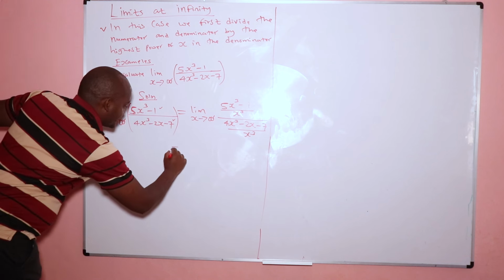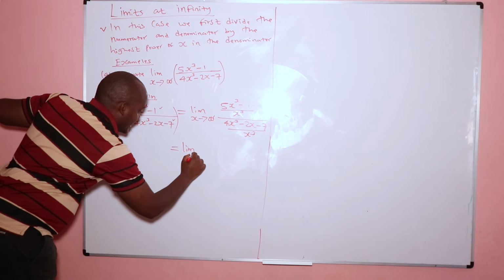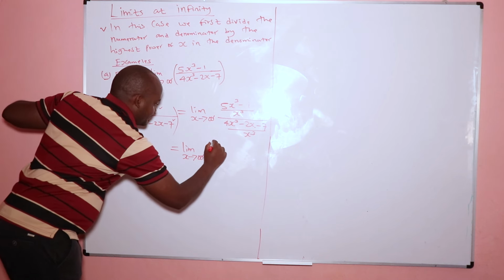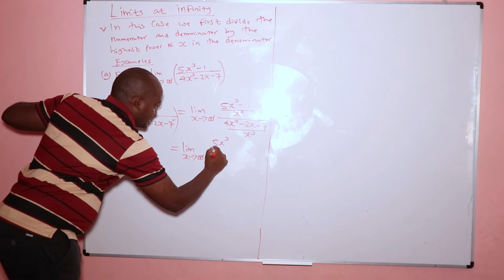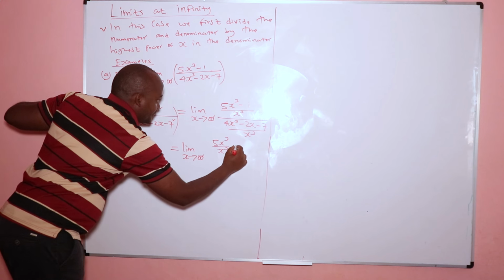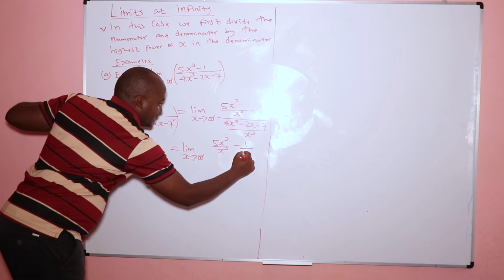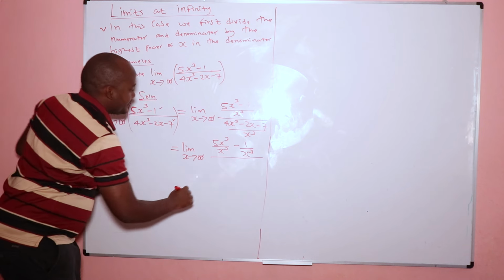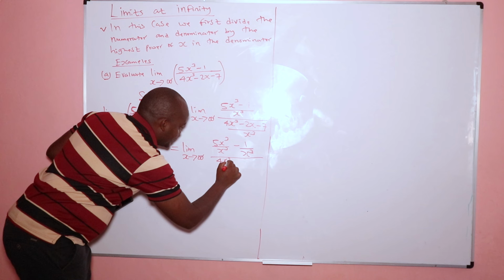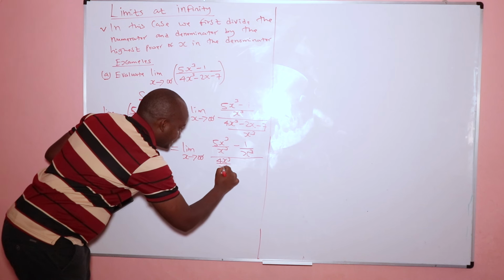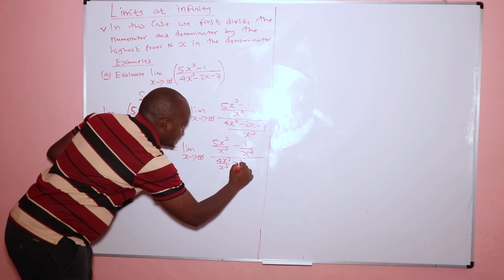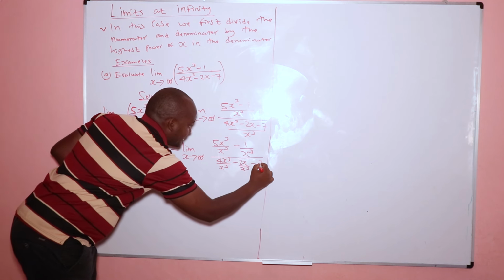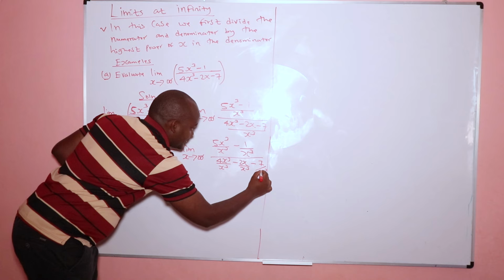And this will give us what? The limit as x approaches infinity of 5x cubed divided by x cubed minus 1 over x cubed, all these divided by 4x cubed divided by x cubed minus 2x divided by x cubed minus 7 over x cubed.